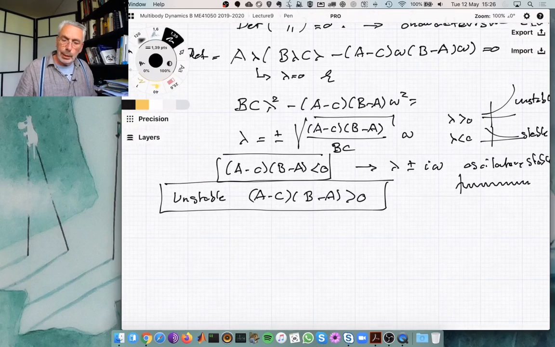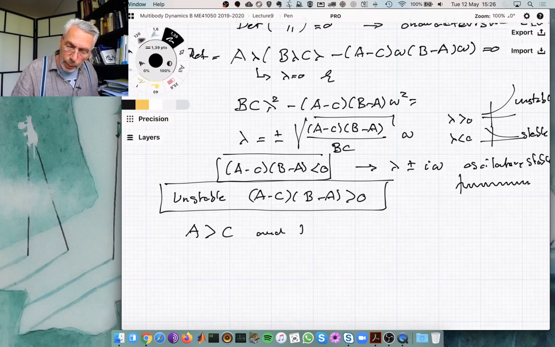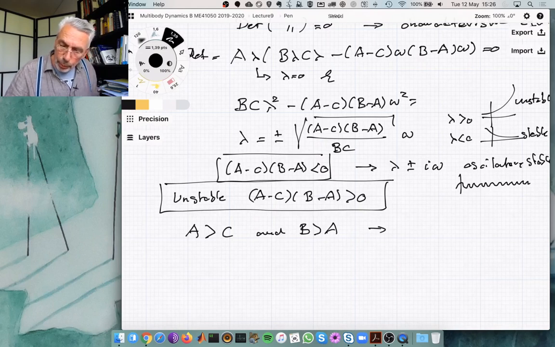And when is that the case? When is this larger than 0? It depends upon the magnitude, of course, of the a's. So if a is positive, and also a minus c is a positive thing, and also b is larger than a, that is a case. If you put them all in order, then you get b larger than a larger than c.